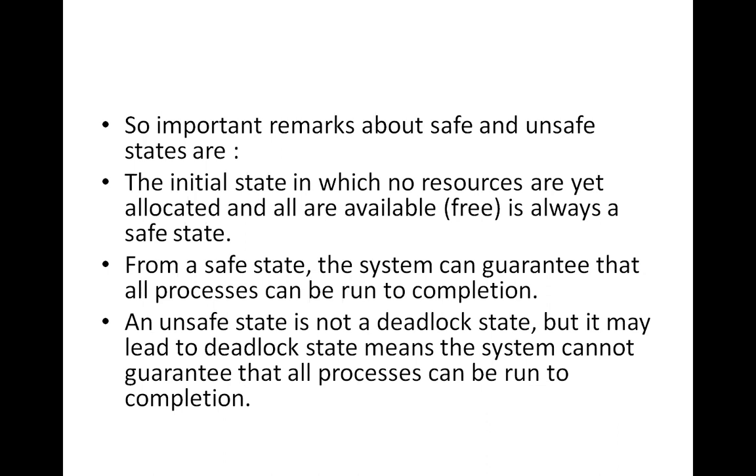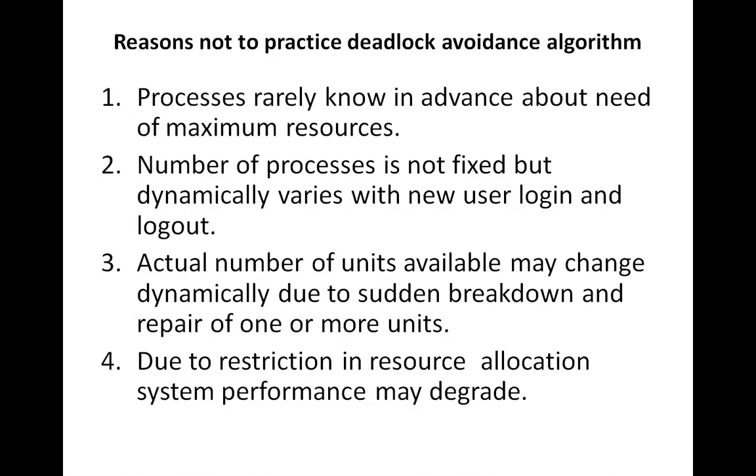But whenever a process requests a resource that is currently available, the system checks whether the allocation of that resource will change the state of the system from safe to unsafe or not. If not, then the request is immediately granted. Otherwise, it is deferred.